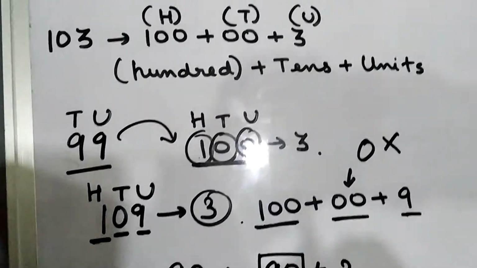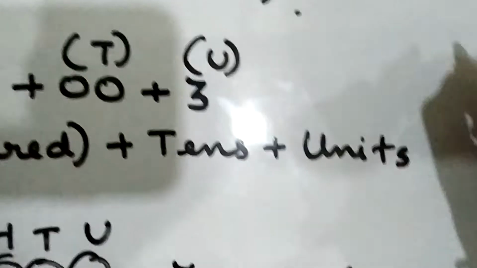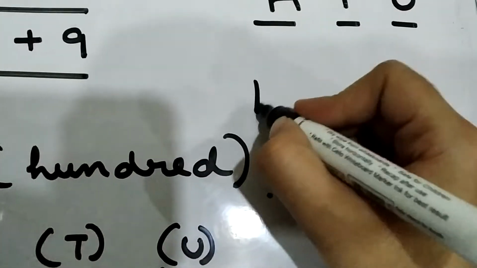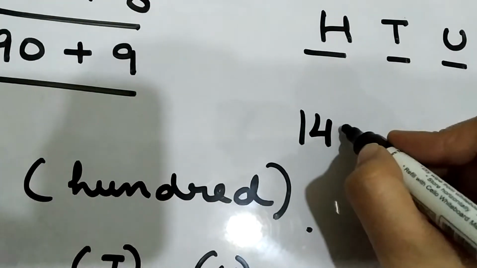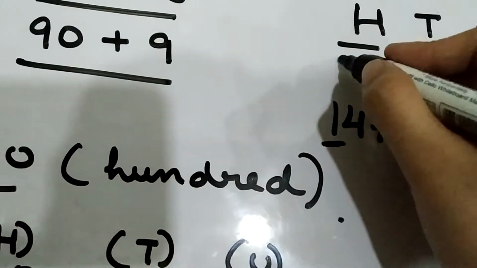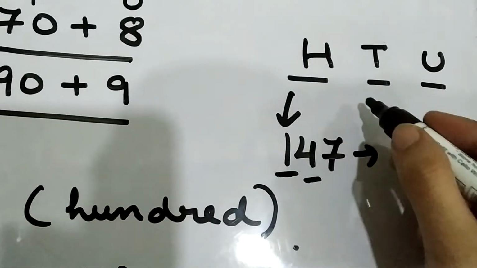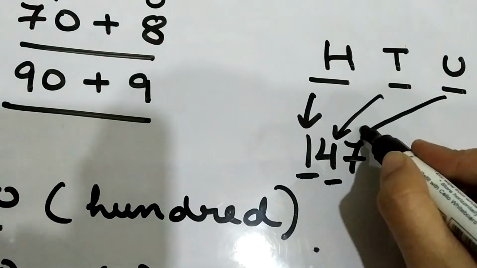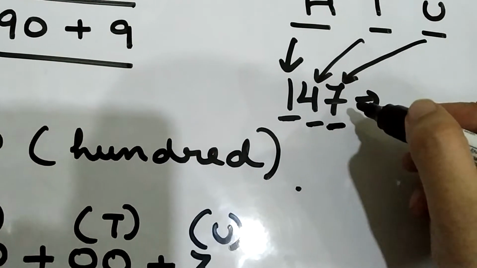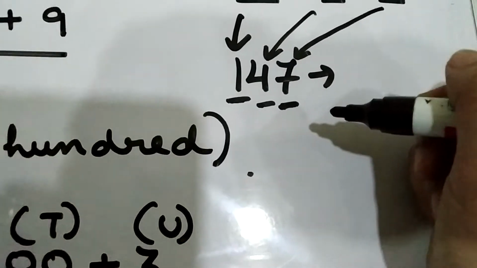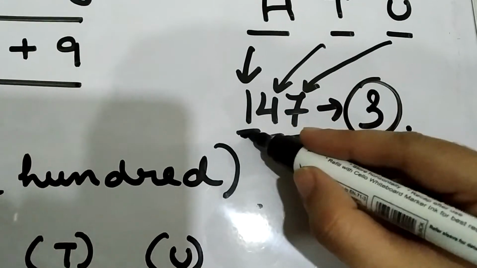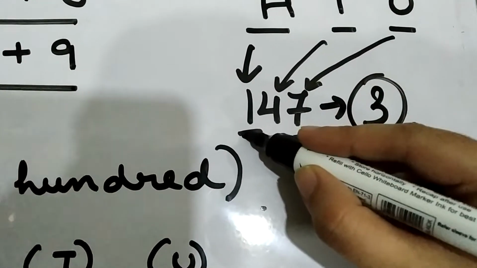Now one more example I'll solve for you. Children, if I write 147, how are we going to write it? This is your hundreds position, 4 is at the tens position and 7 is at the units position. 147 is again a 3-digit number, so one more position is added before the tens position, the hundreds position.